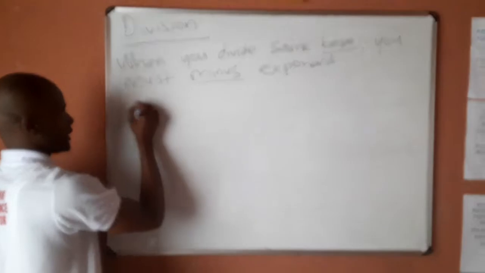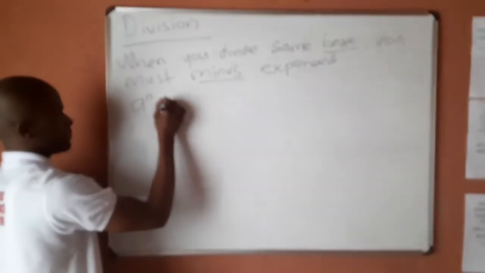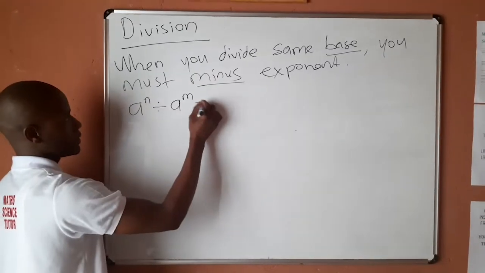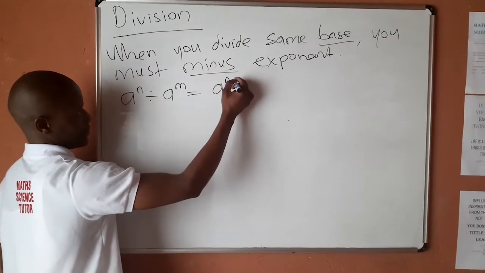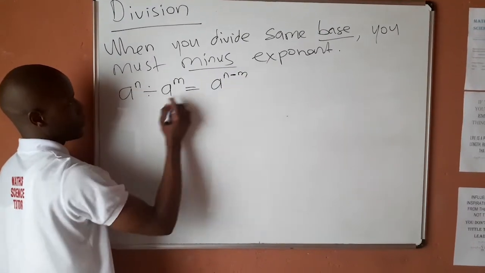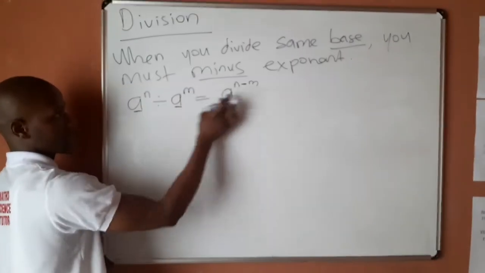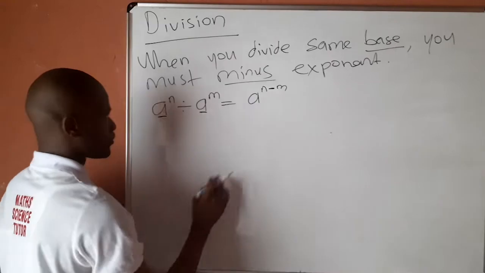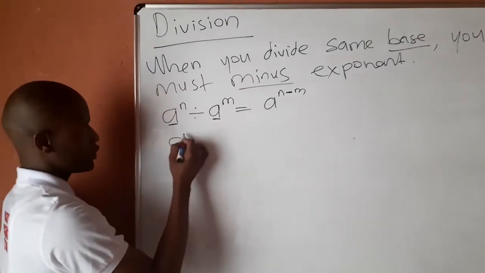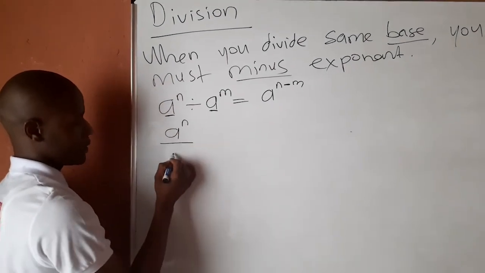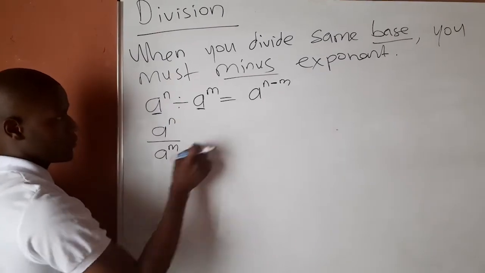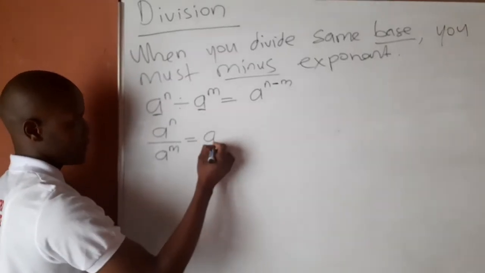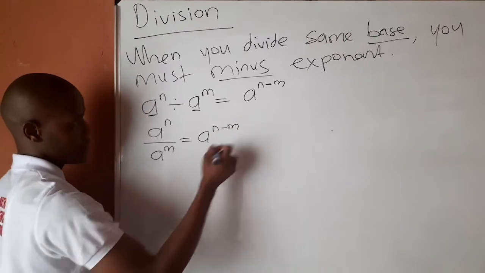It means a to the power n divided by a to the power m is going to be a to the power n minus m. When we're dividing the same bases, we minus the exponents. So a to the power n divided by a to the power m, when we're dividing same base, we minus the exponent, is a to the power n minus m.